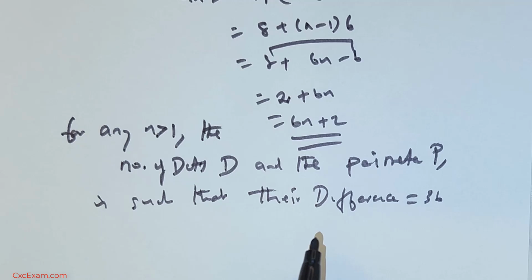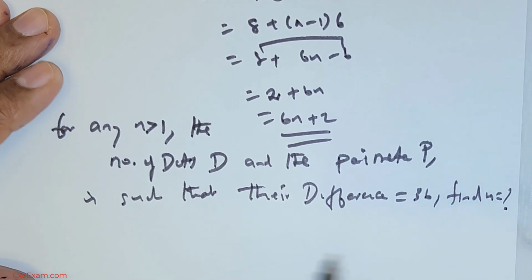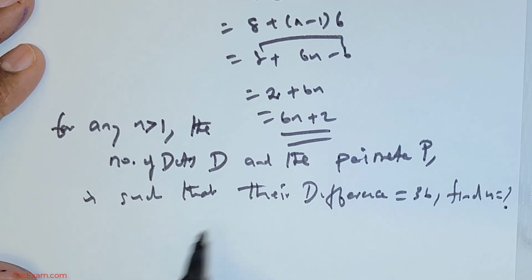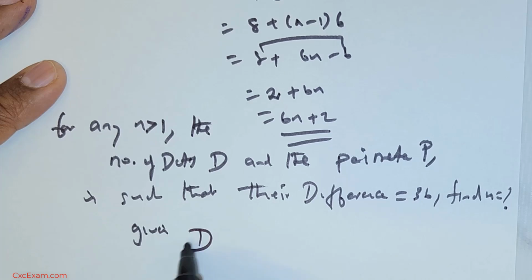Now we are asked to find n. Okay, find n. So that's a question. So this is given. So what is given? D negative p is equal to 36.